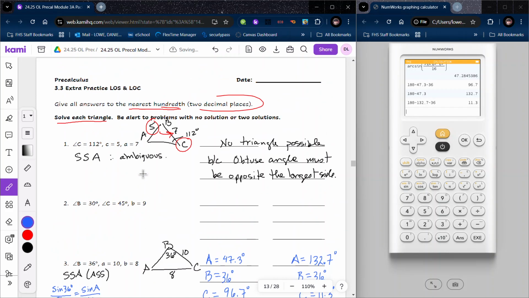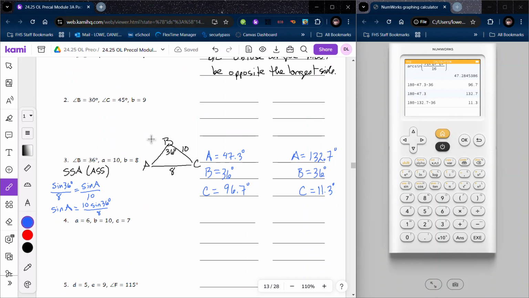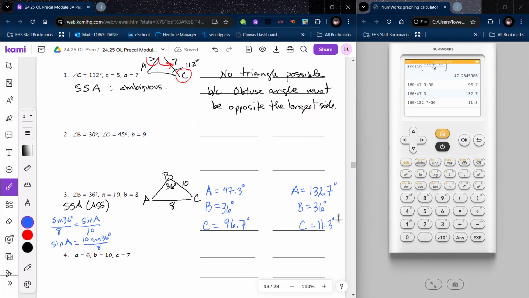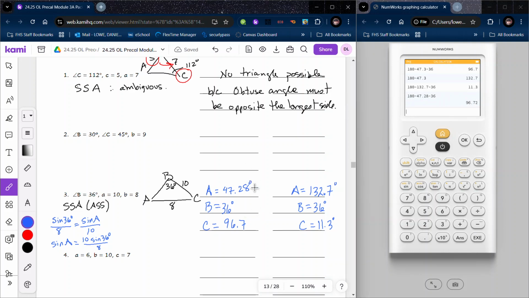Now, it tells us that we need to go to the nearest hundredth, and so we notice that we're only given this to 1 decimal, so we actually have to go back and give things to 2 decimals, which means this 47.3 would actually need to be 47.28. 180 minus 47.28 minus 36 is 96.72, so that affects this angle to be 96.72 degrees.